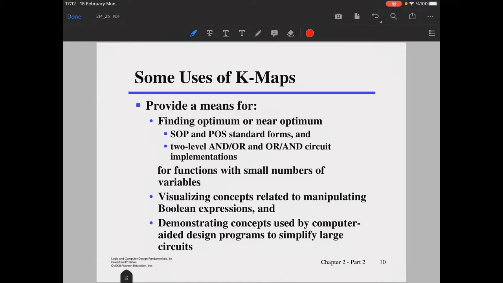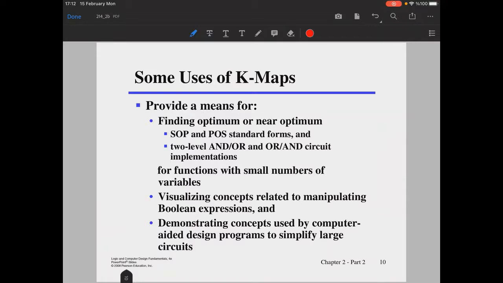It helps us to find the optimum solution for two-level circuits. It is also visual, which makes it very practical, and it is much faster than doing Boolean optimization with the expressions. It's hard using axioms and functions there.